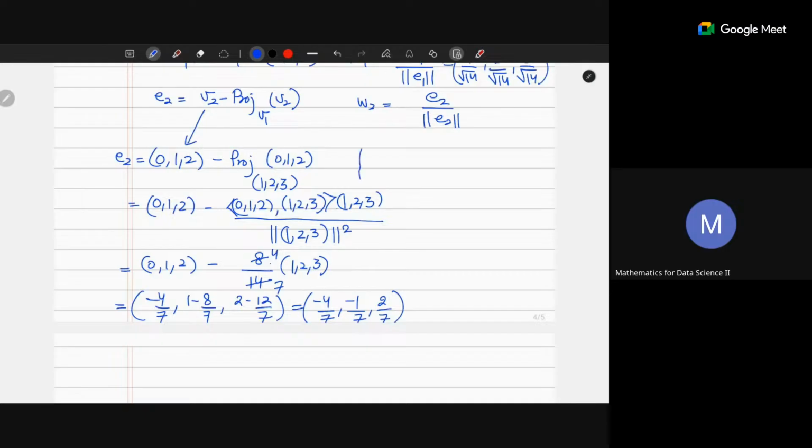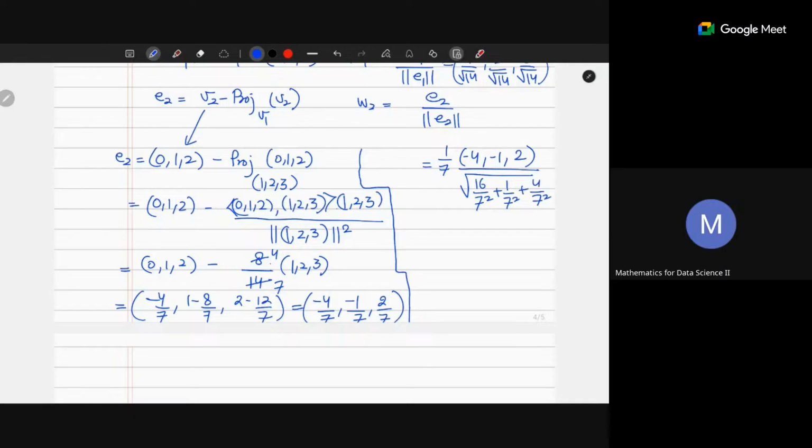Now for W2, we need to divide by the norm of E2. So my E2 is minus 4 by 7, minus 1 by 7, 2 by 7, and I need to divide by its norm. So I can just take 1 by 7 out. This is my vector minus 4, minus 1, 2, divided by the square root of 16 by 7 square, 1 by 7 square, 4 by 7 square.